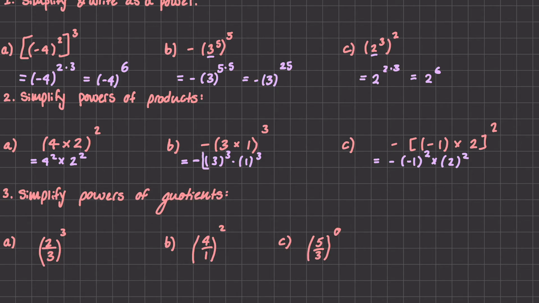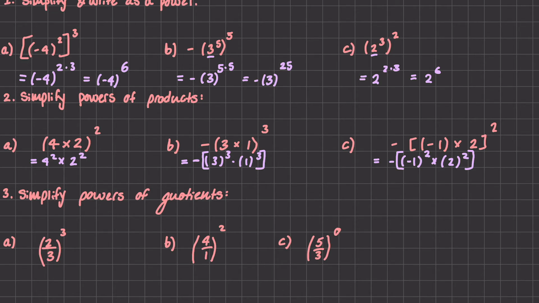So I'm making another bracket here just to show that this negative sign is multiplied by this whole chunk here. Same thing over here. So we just add brackets here to show that the negative sign is multiplied in to whatever number we get here.